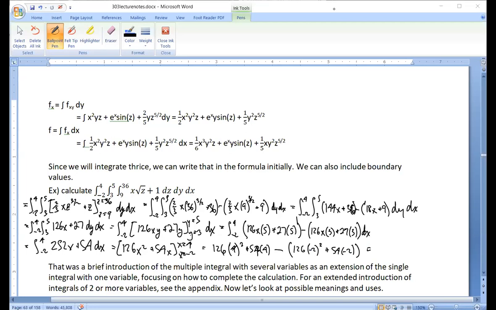Work that all out, do the arithmetic, and you get 1836. So that's just a walkthrough of what one of these problems looks like.